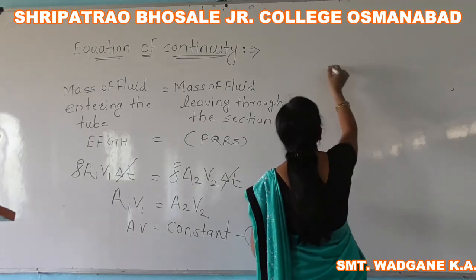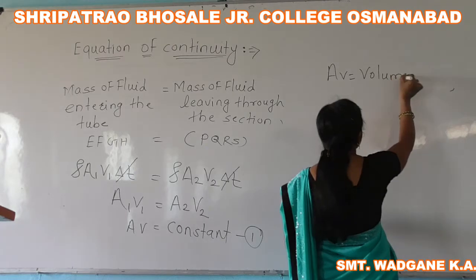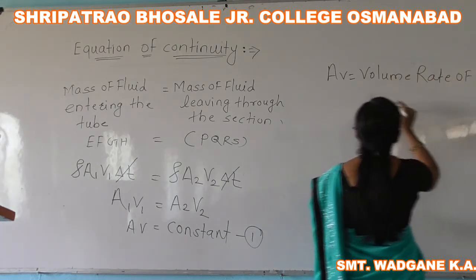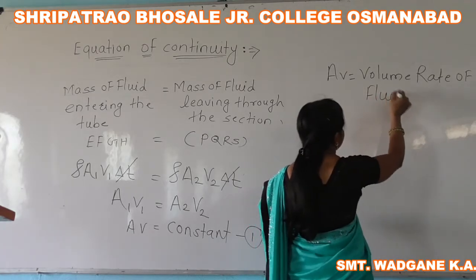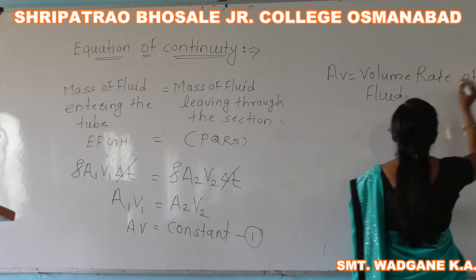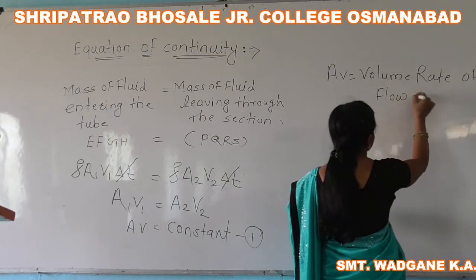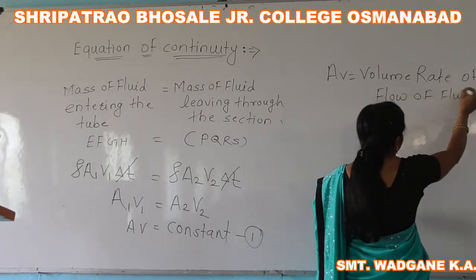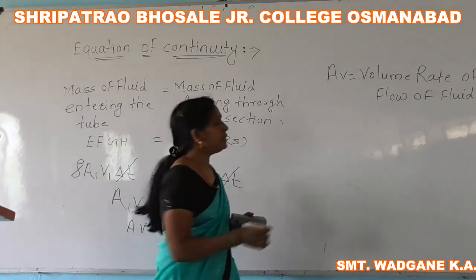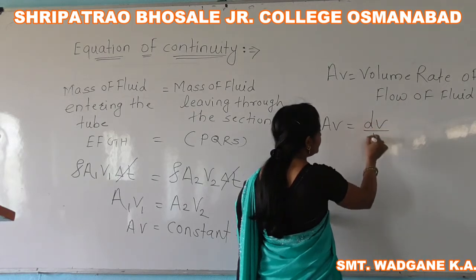AV is equal to the volume rate of flow of fluid. We can write AV as dV by dt.